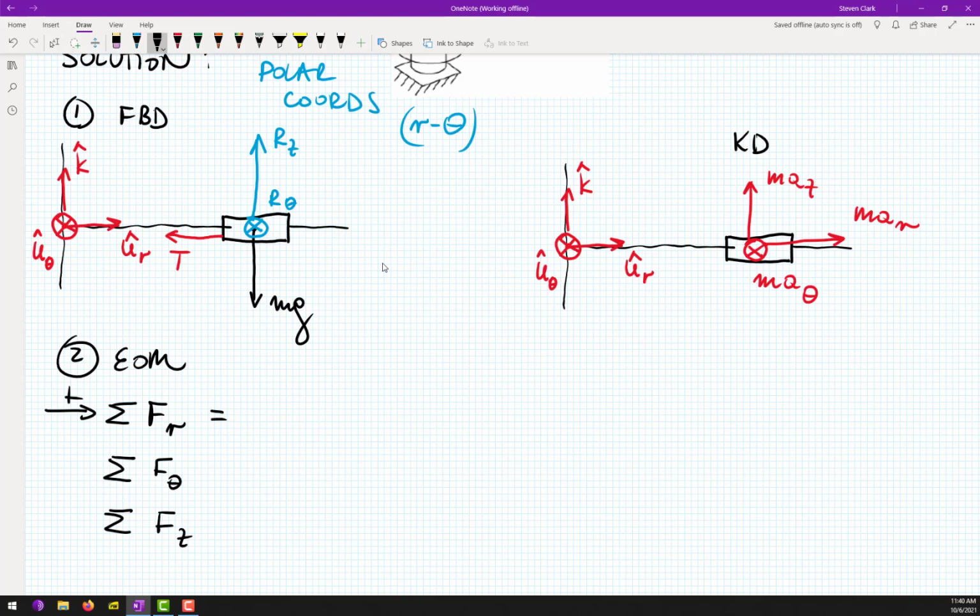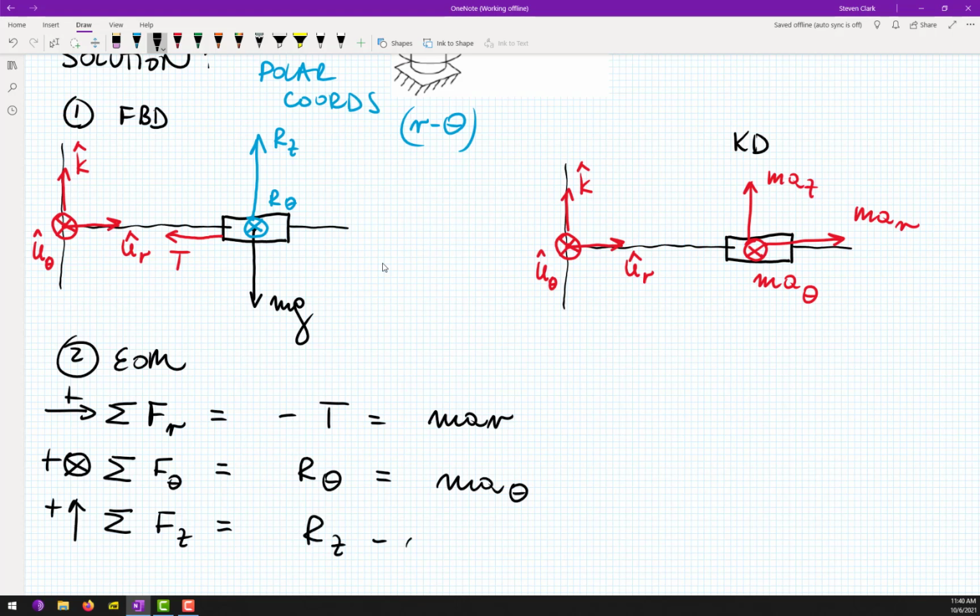So what do we have in here? Minus T only. Minus T is equal to MAR. Now, in the theta direction, this is positive direction for us. So we will have R theta, and this is equal to MA theta. Now Z, this is positive direction. So we will have RZ minus MG, and this is equal to MAZ.